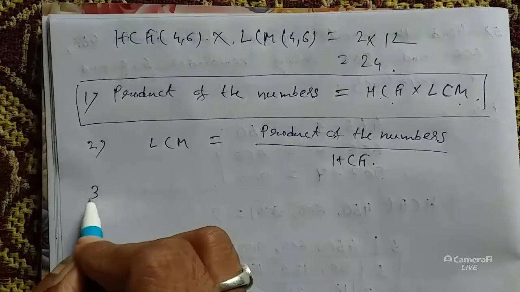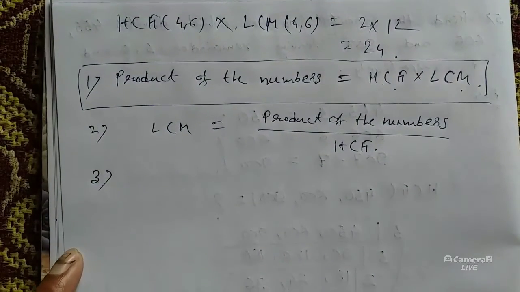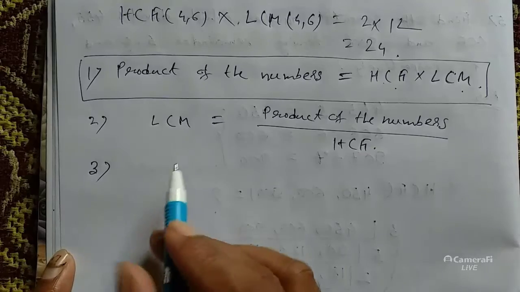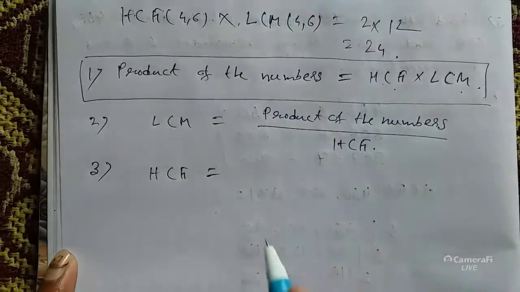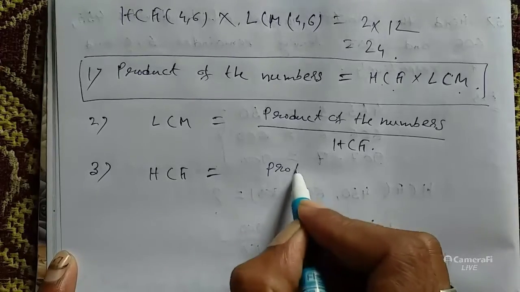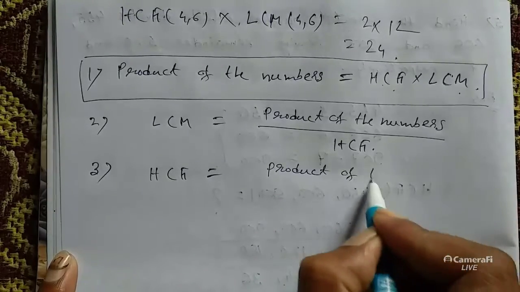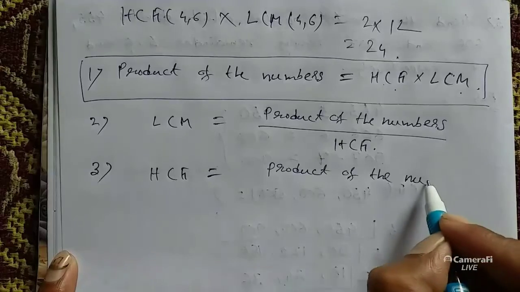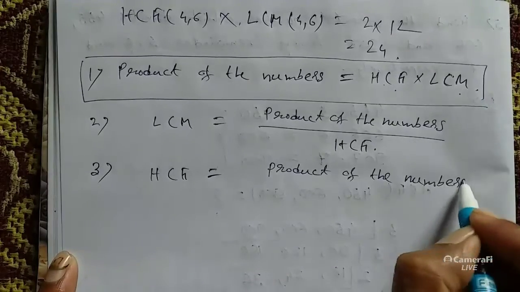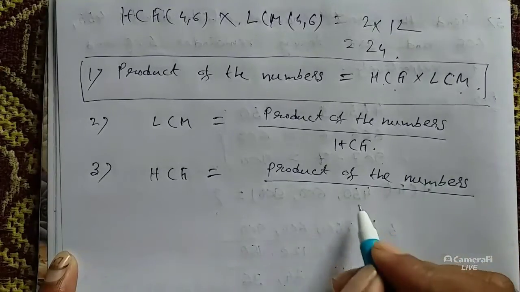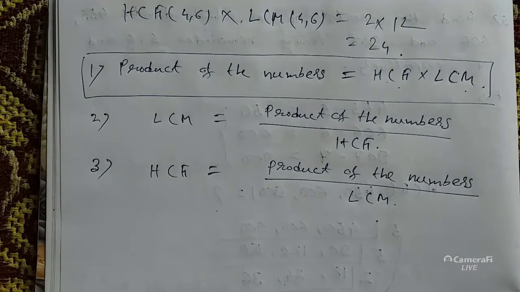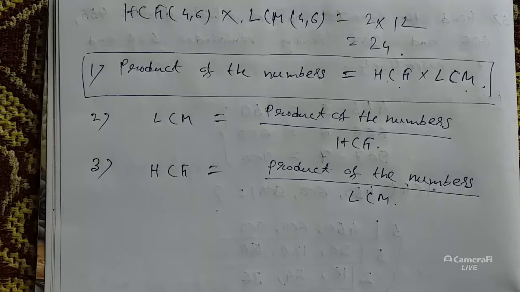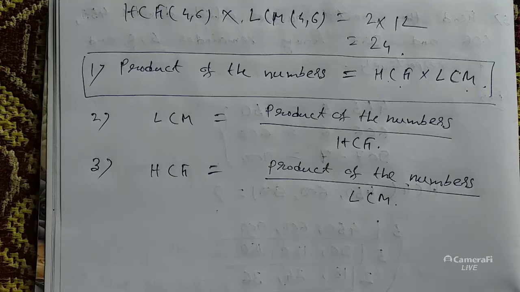And if the LCM and the product are given, we can also find the HCF: the product of the numbers divided by the LCM. These are the formulas which come from the relation between HCF and LCM.